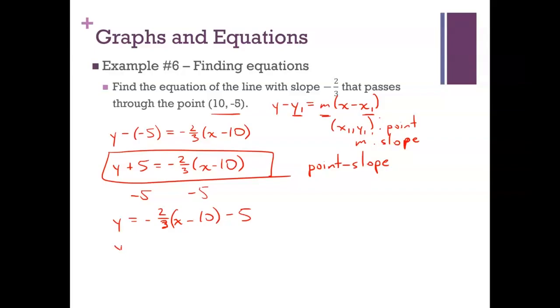Can we simplify the right-hand side a little bit? So this gives me negative 2/3 x, negative 2/3 times negative 10. That'll be positive 20/3 minus 5.